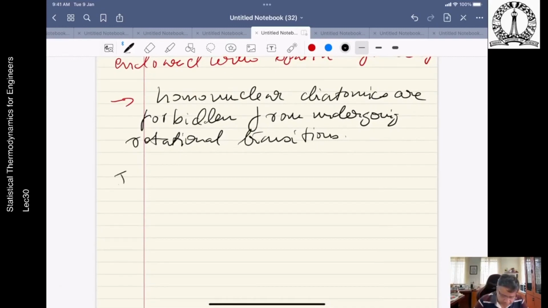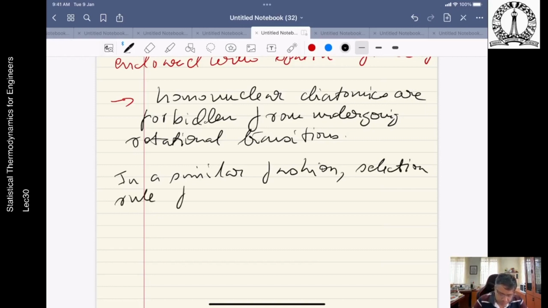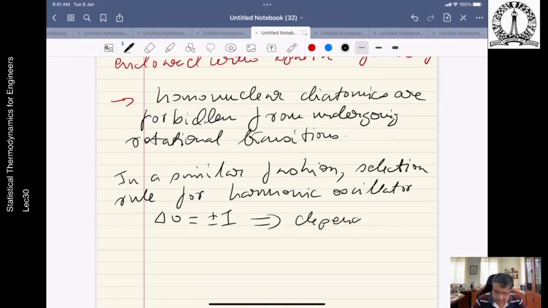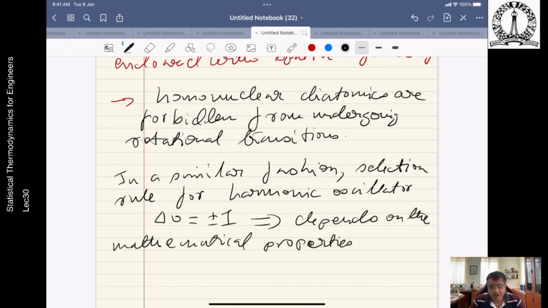In a similar fashion, the selection rule for the harmonic oscillator gives plus or minus 1.